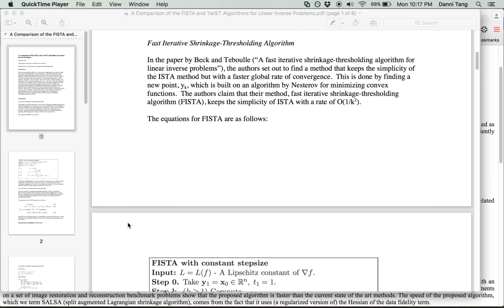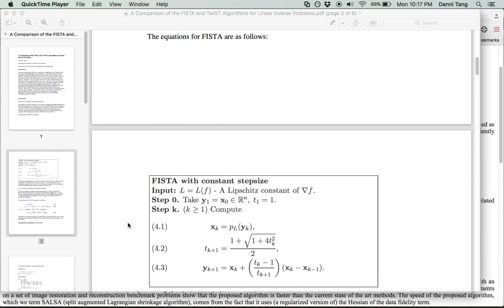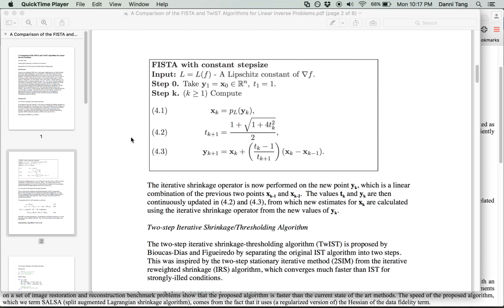So for FISTA, there are three steps. Instead of performing the shrinkage operator on x of k, now you perform it on y of k, and then you update t of k and y of k.